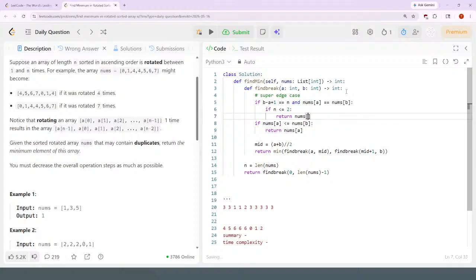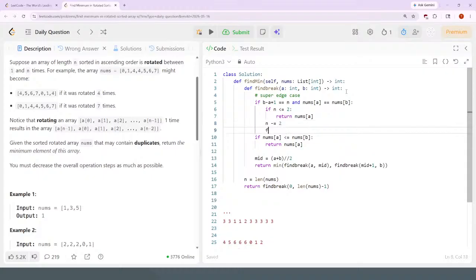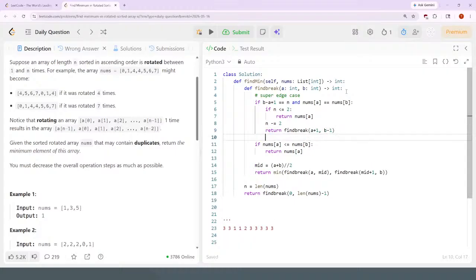Return nums at a. But if it's not, then I can do n minus equals 2, decrease it by 2, and then return find break of a plus 1, b minus 1. Okay, I think that might cover it. Cover the edge case.